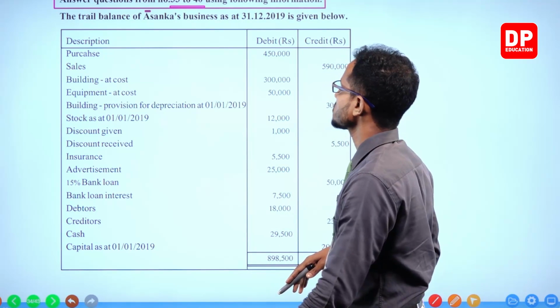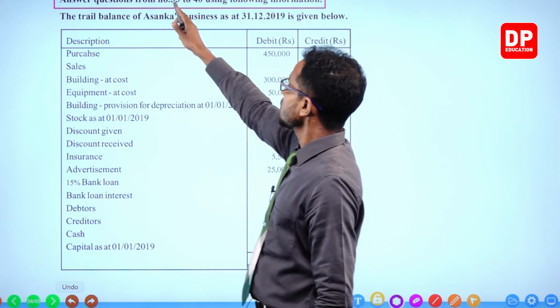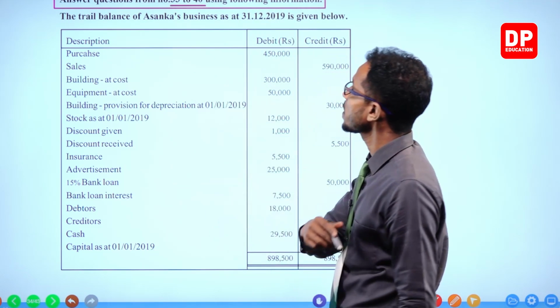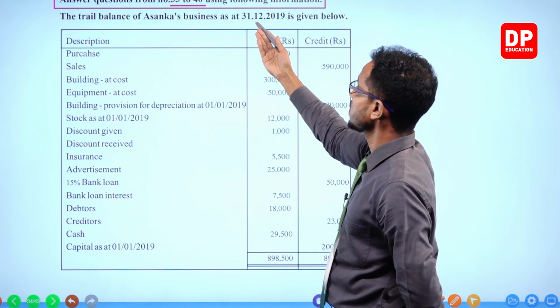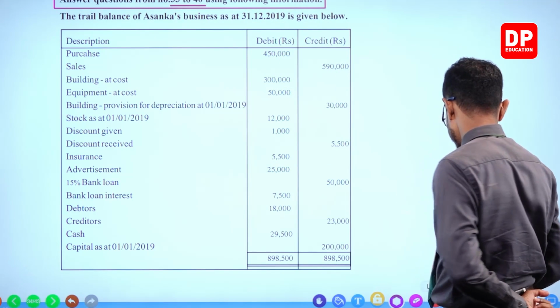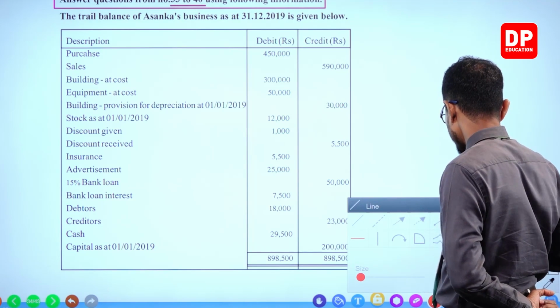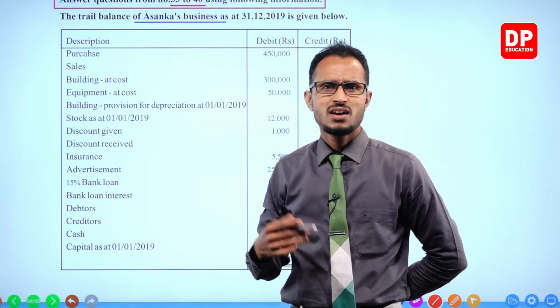Eight questions should be answered. The trial balance of Asanka's business as at 31st December 2019 is given. Who is Asanka? How do we know?